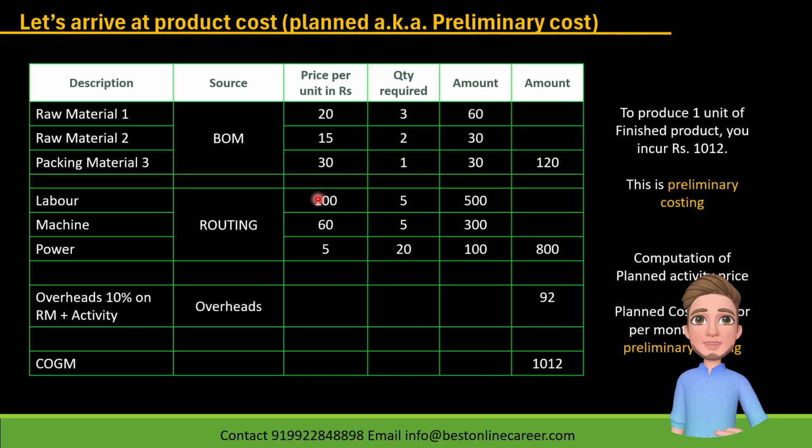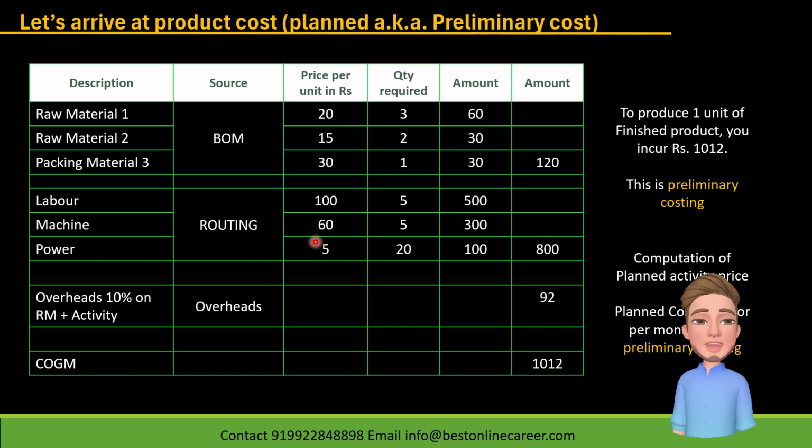And to manufacture one finished good, I need 5 hours. So 5 into 100, I have got 500. Similarly, 60 into 5, I have 300. 60 is the cost per hour to utilize the machine. It could be depreciation cost, it could be various other costs required to operate this machine per hour. I need to spend 60 rupees. So 5 hours, that comes to 300.